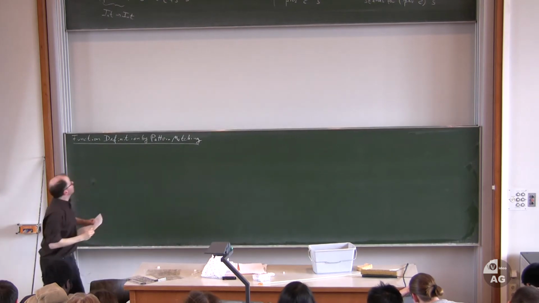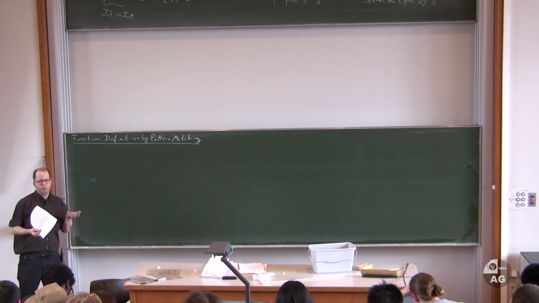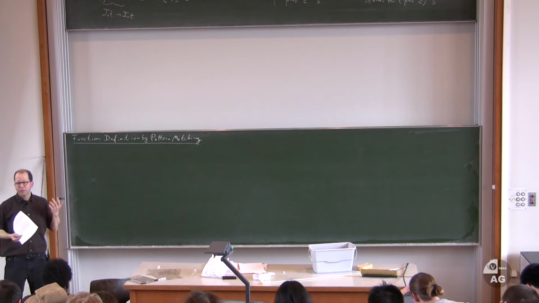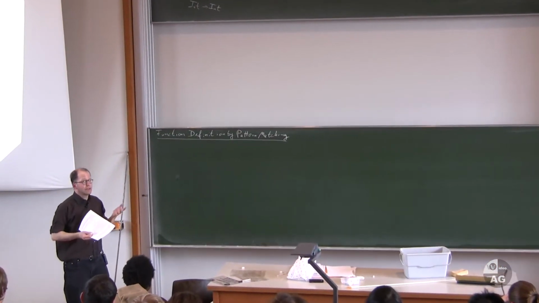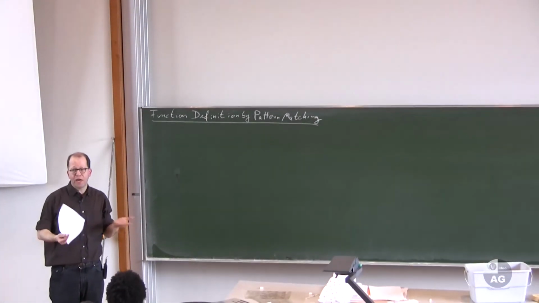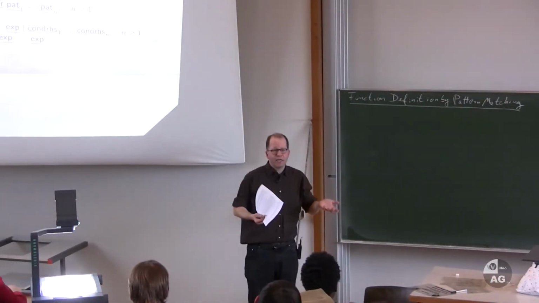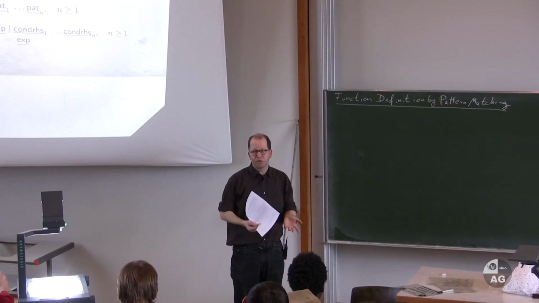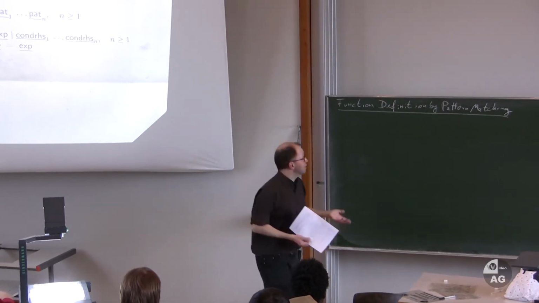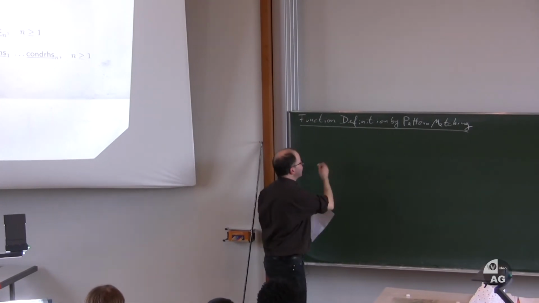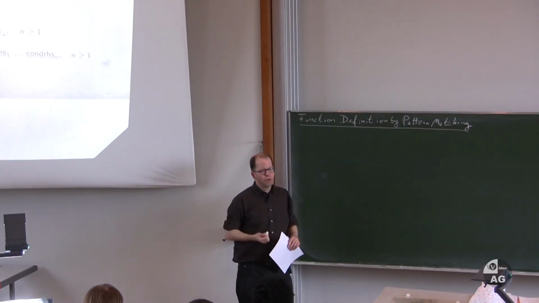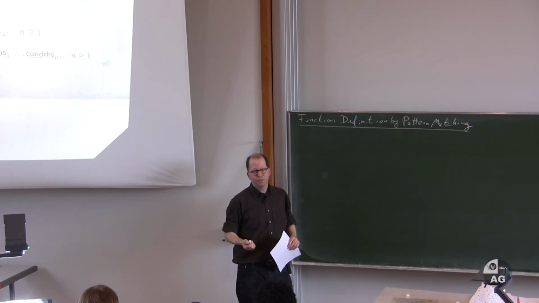So up to now, on the left-hand side of an equation, we essentially had just variables. So up there you can see we wrote something like plus of x, y. So x and y, they stood for the arguments that we expect here, and they are just variables, so they describe arbitrary arguments. Now in general, these patterns can look differently, and to give you an example, let's define a function for Boolean conjunction, so AND.